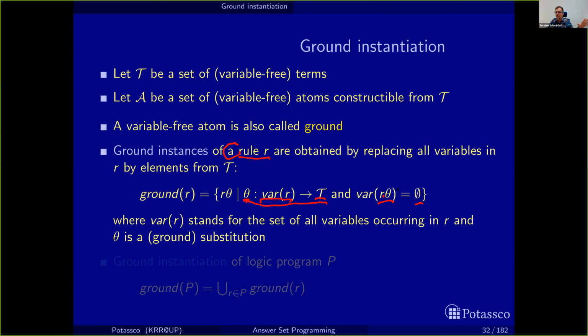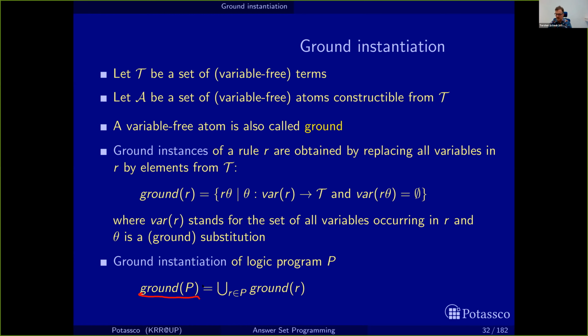So everything has been replaced. Then you collect all the ground instances that you get, and this gives you the ground instantiation. So you systematically replace all the variables by ground terms, and then you get a big bag of ground rules for a single rule. Then you do the same thing for all the rules in the program, and that's what we get here.